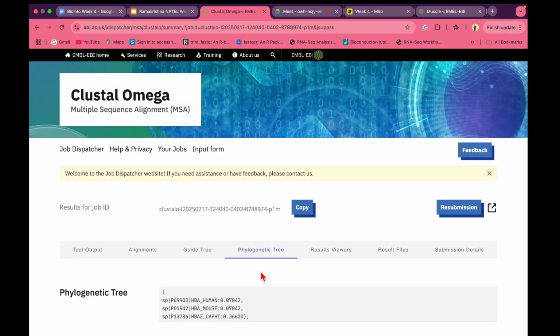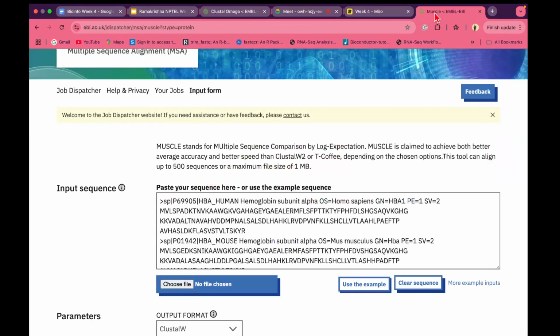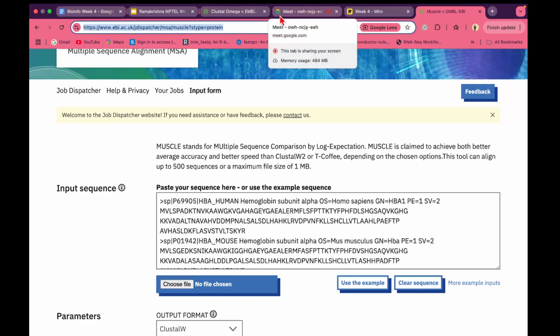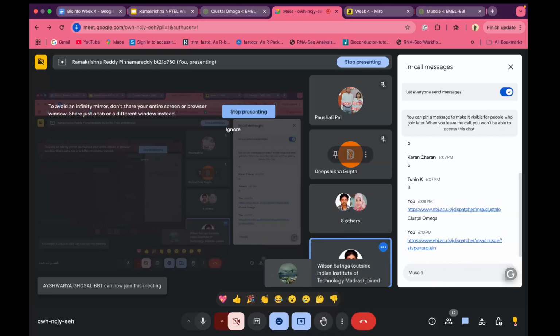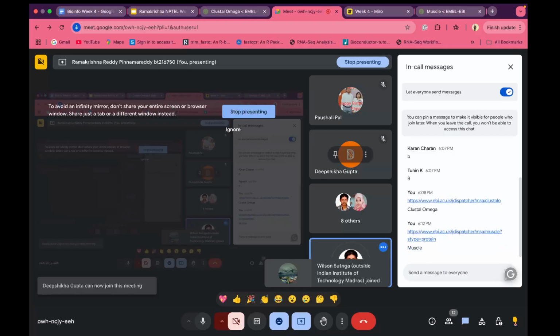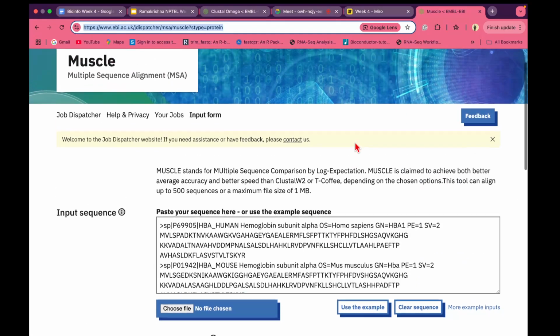So here Clustal Omega comes under the progressive methods. Further, we have iterative methods such as MUSCLE. MUSCLE is also part of the EBI website.